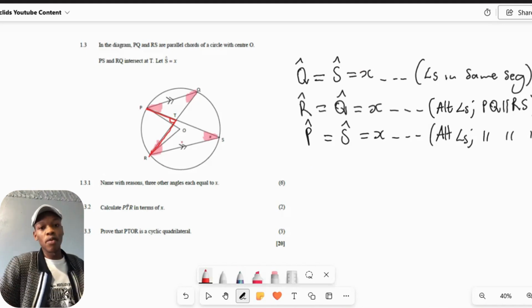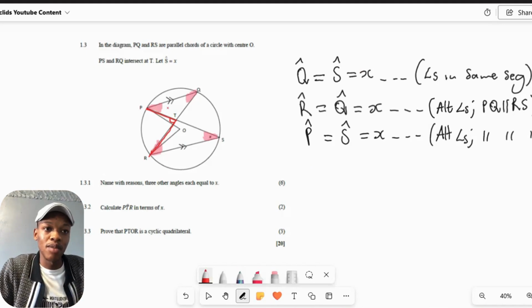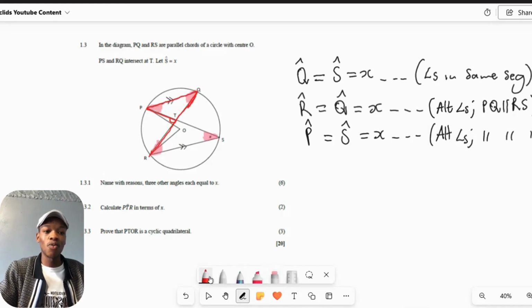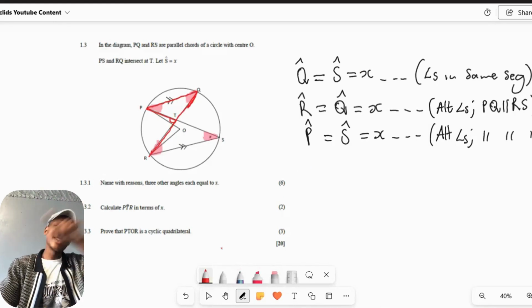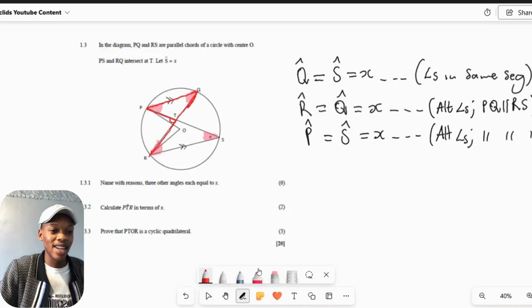Right. So we will use what? Exterior angle. Let me show you. Here is my triangle. This one is my exterior. So the exterior angle is equal to the sum of the opposite interior angles.